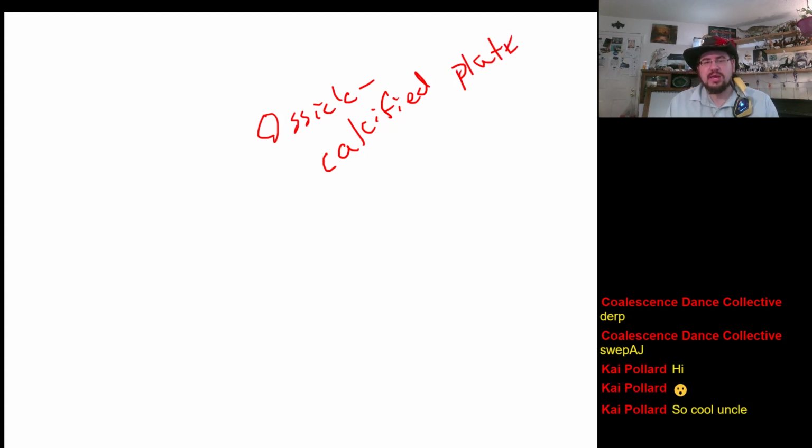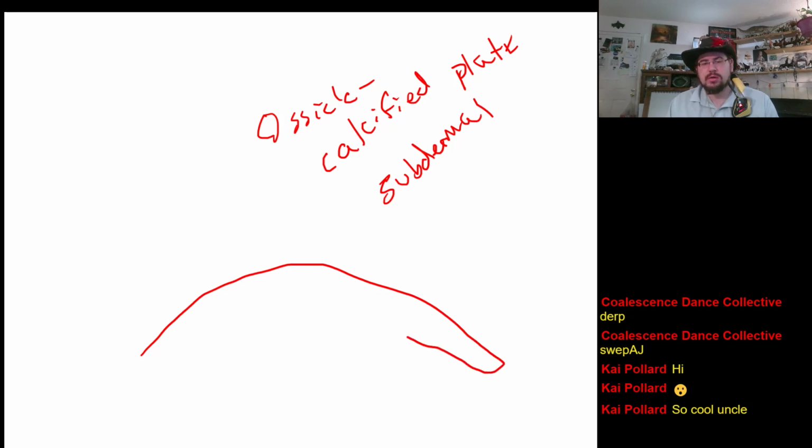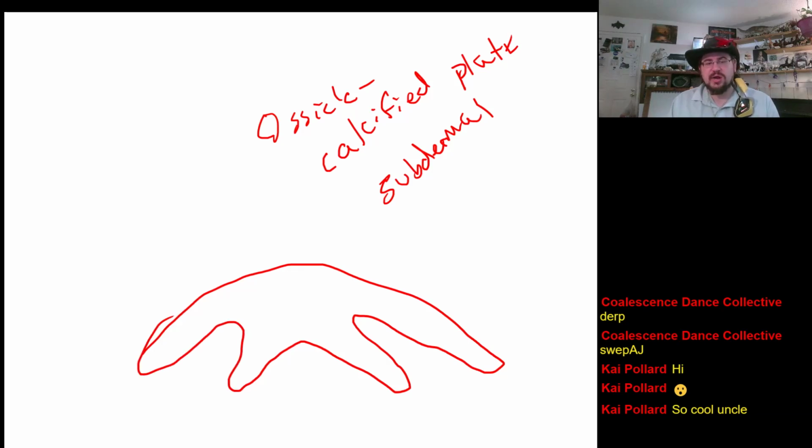What does that mean? An ossicle is a calcified plate, and it is subdermal, so underneath the skin of a sea star.